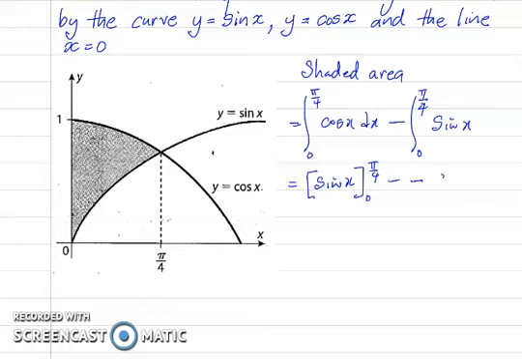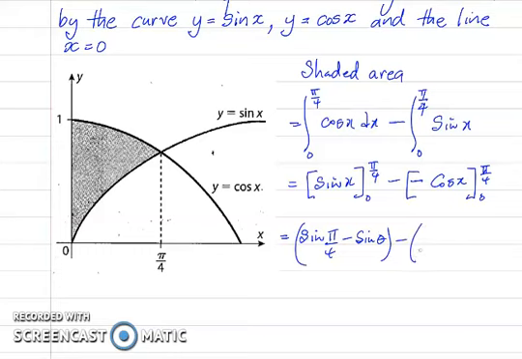So it's minus cos x, from 0 to pi by 4. Next, we replace x with pi by 4. So this is sine pi by 4 minus sine of 0, minus cosine pi by 4 minus cosine 0.